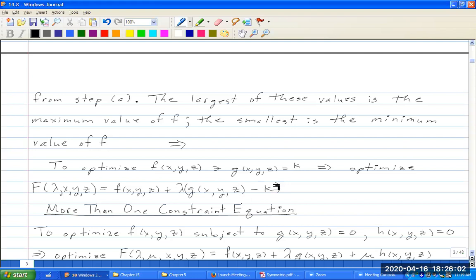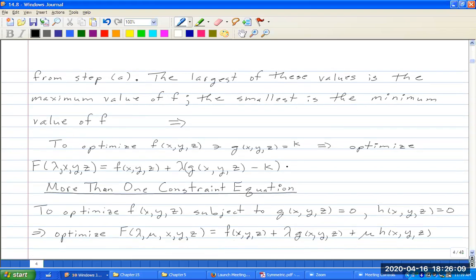So this is on this level set of g. Or this will be the kernel of this new function if I put the minus k on the other side.